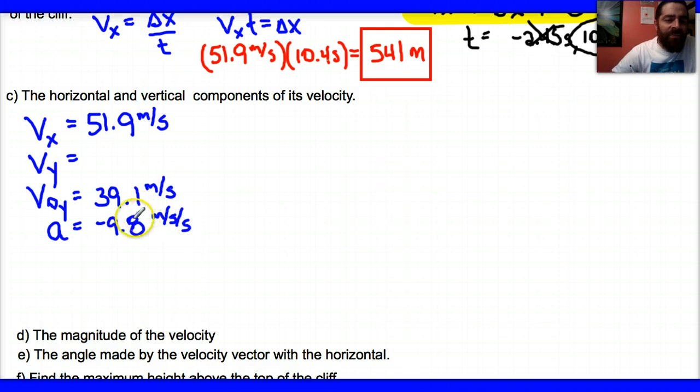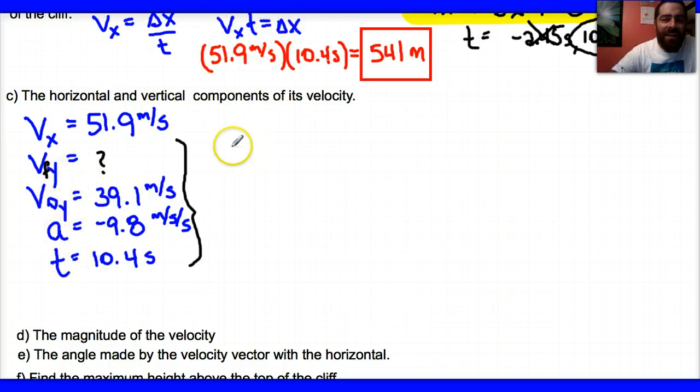And I know the time of flight is 10.4 seconds. So when I look at what I have and what I'm looking for, I'm looking for v final in the y direction. I have v initial, acceleration, and time. It looks like the second equation would be the best way to find the final y velocity.